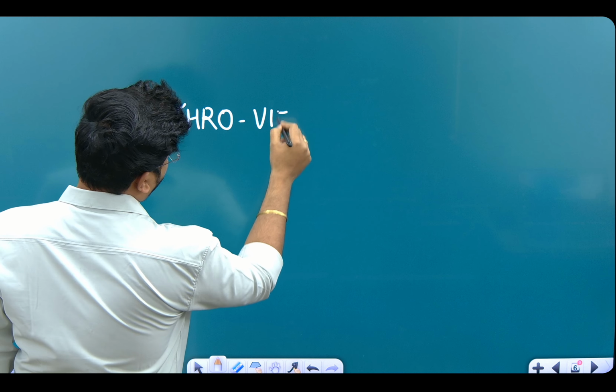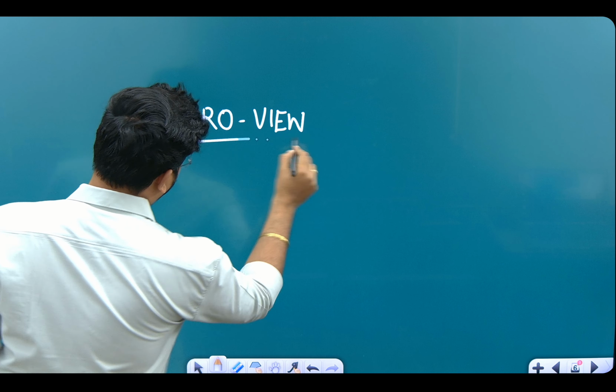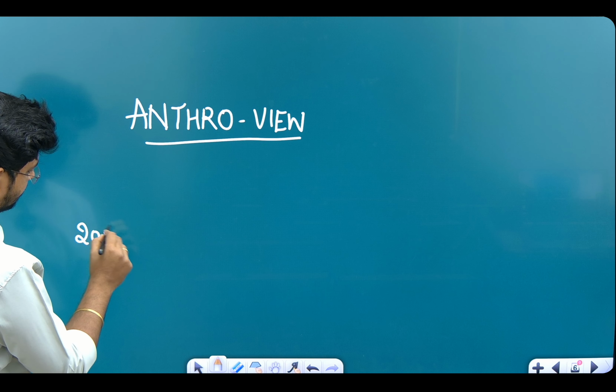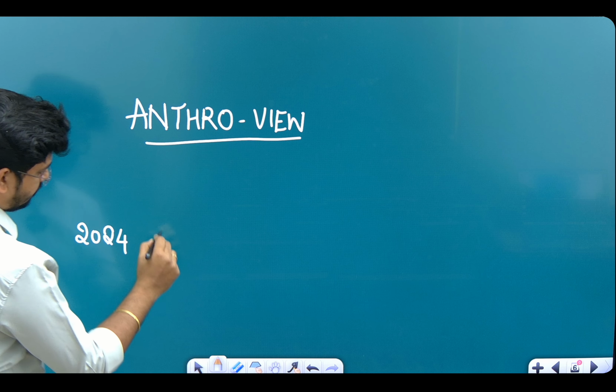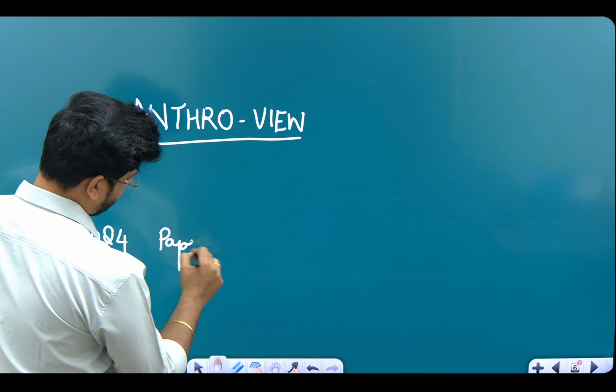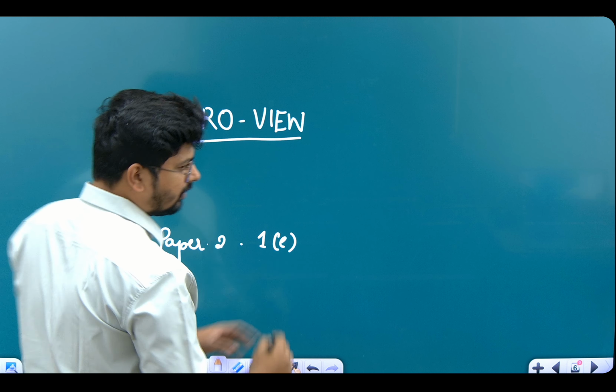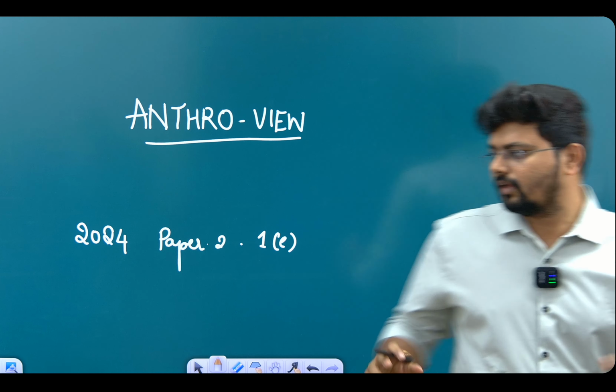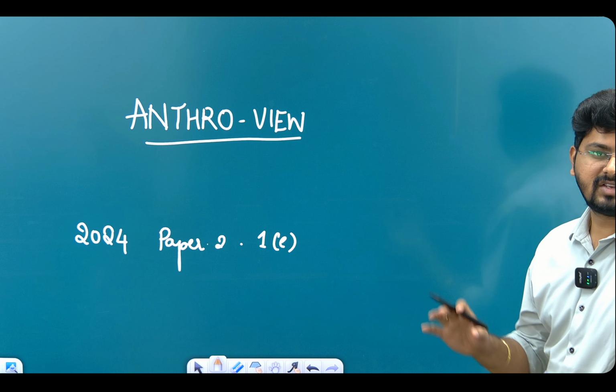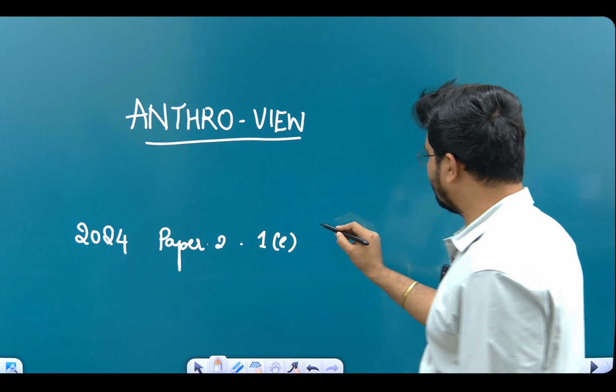So today we are going to take up the 2024 paper 2 question. They asked: stunting and wasting among the tribal children of India.